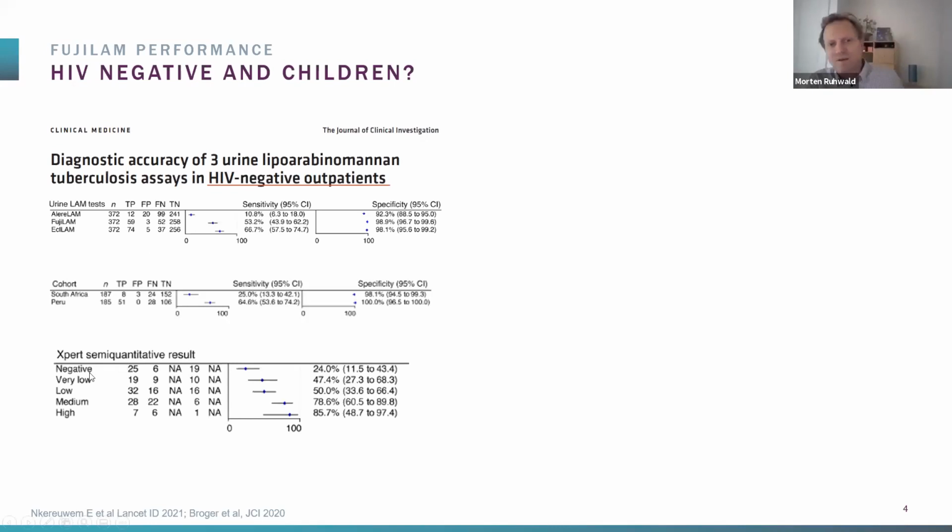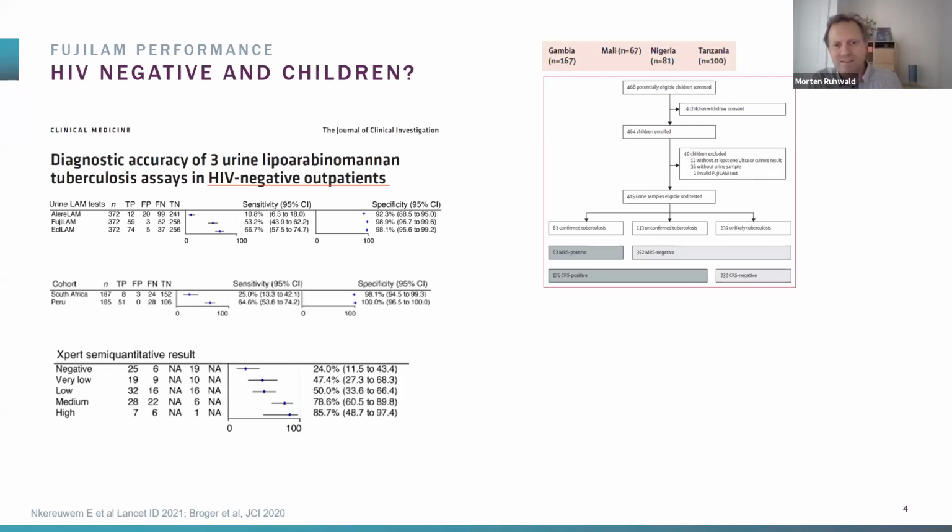There was also an analysis of the bacterial load quantified with the Xpert, and the semi-quantitative result that comes out as very low, low, medium, or high. You can see here the sensitivity does improve with a higher bacterial load in the sputum. We talked about children earlier for the LAM, but there are also a couple of studies out now for the FUJI-LAM.